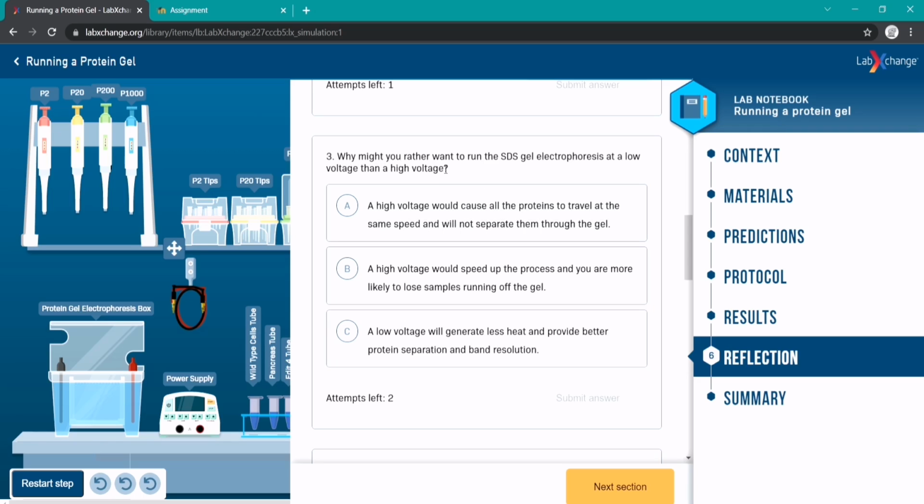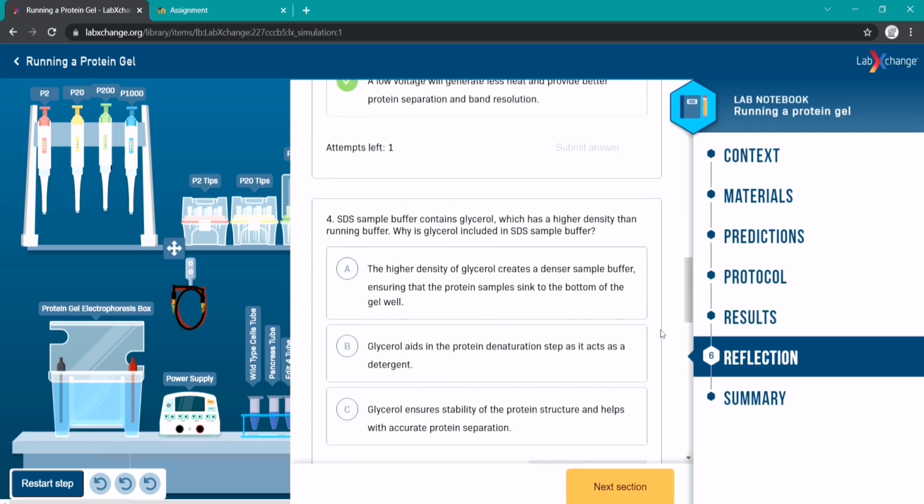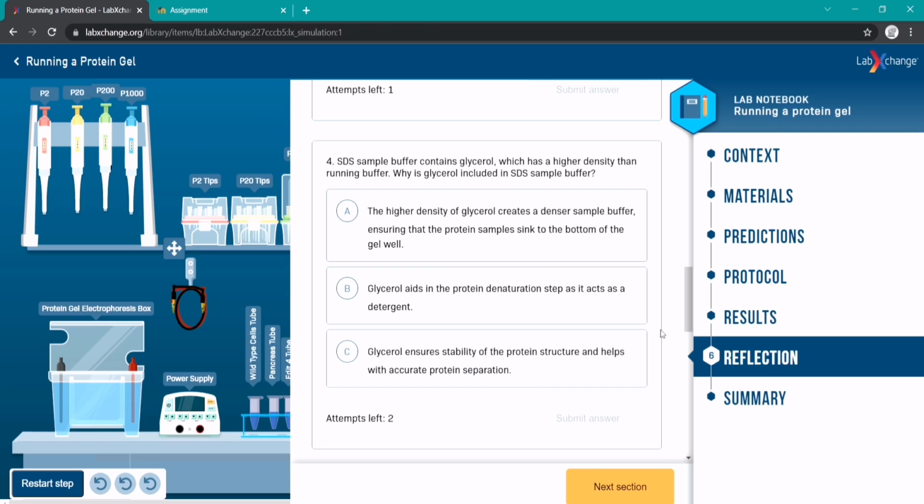Why might you rather want to run the SDS gel electrophoresis at low voltage than a high voltage? SDS sample buffer contains glycerol, which has a higher density than running buffer. Why is glycerol included in SDS sample buffer?